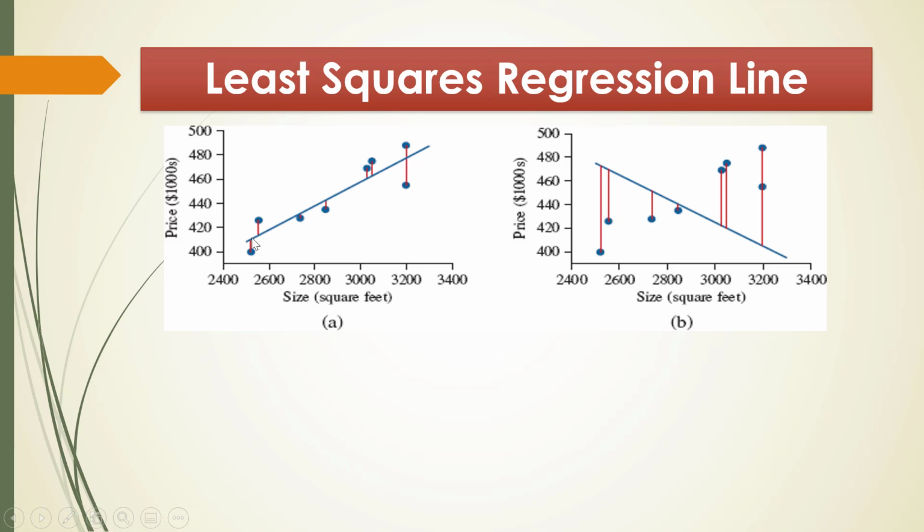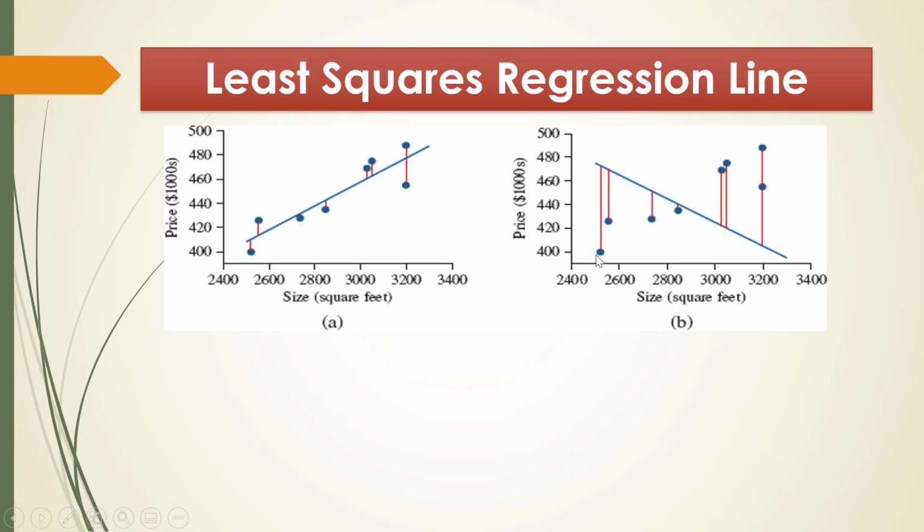For example, you see that the vertical distance between the lowest point and the line in the first picture is the first red vertical line. You see that? And continue to finish the other data points. And on the second picture, we do the same thing. We make the vertical distance between the data point and the line.